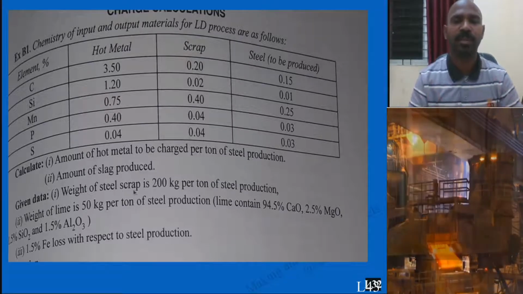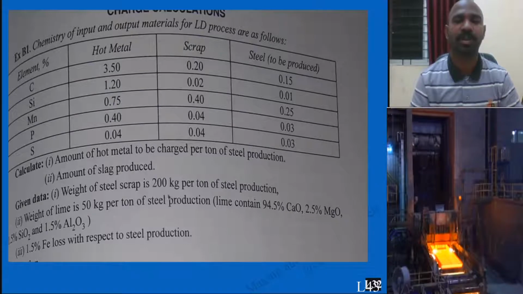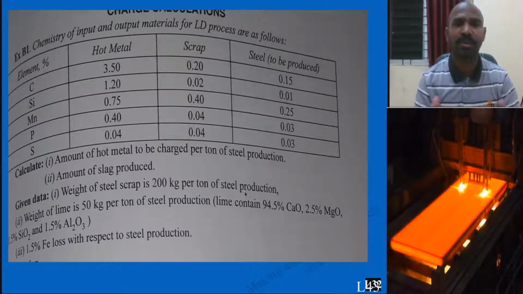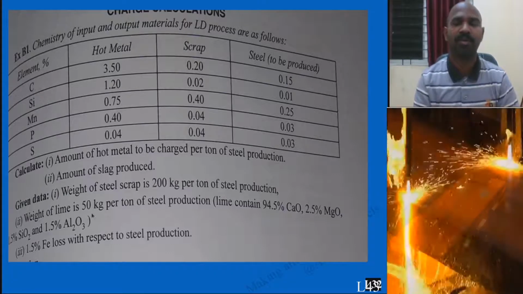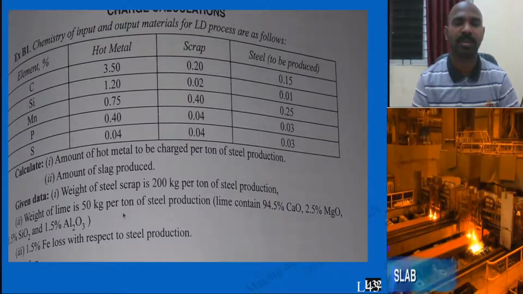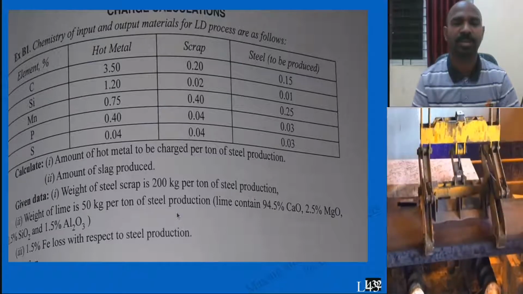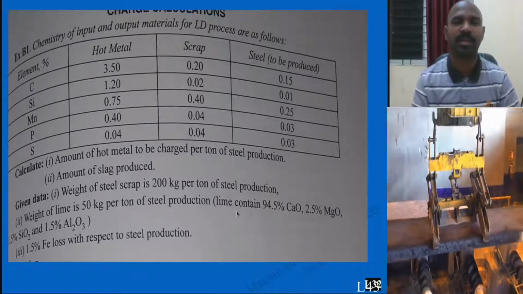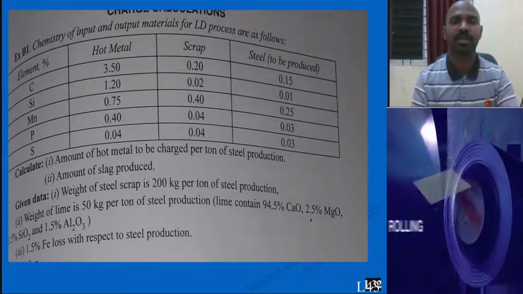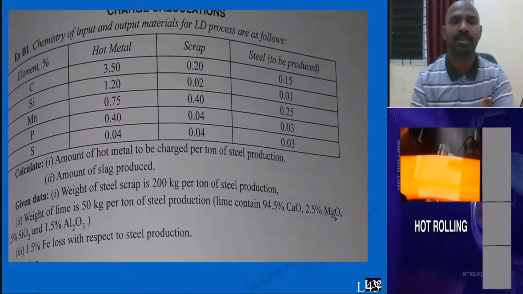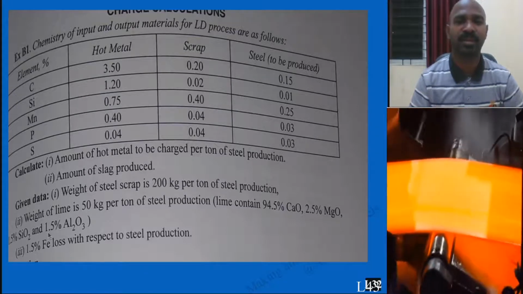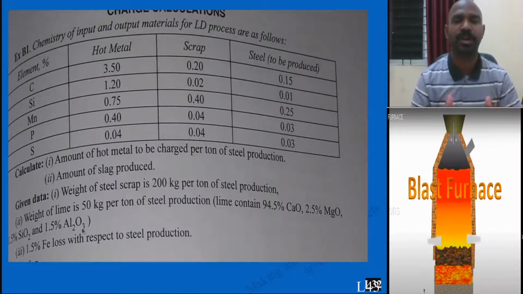The weight of the steel scrap is 200 kg per ton of steel production, with respect to 1 ton, and the weight of the lime used is 50 kg per ton of steel production, and the lime consists of 94.5% CaO, 2.5% MgO, 1.5% SiO2, 1.5% Al2O3.